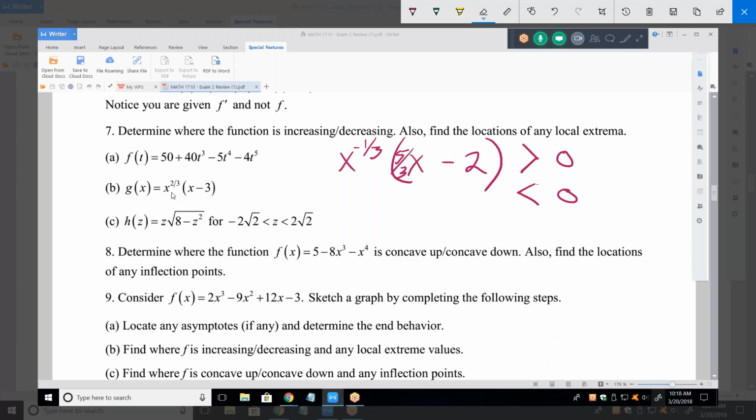Okay, so let's do this part of it. Find any local extrema. Well, what do we have to do to find local extrema? Is that the second derivative test? The first thing you do is set that equal to 0.